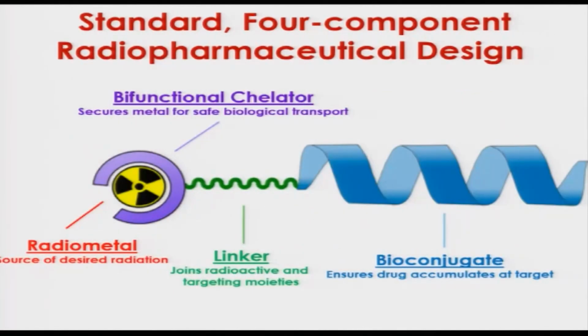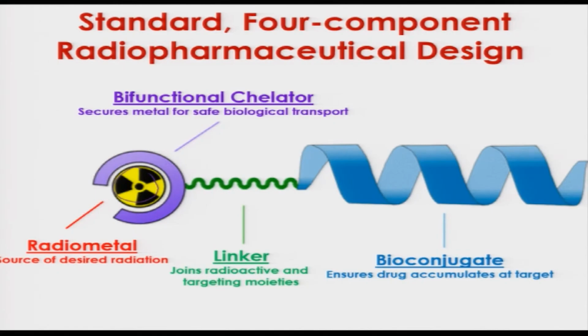Now, this is a schematic representation of a standard 4 component radiopharmaceutical design. The radioactive metal is shown here, and it is the source of all the desired radiation. Now, this metal ion will be complexed by a chelator, say a bifunctional chelator.